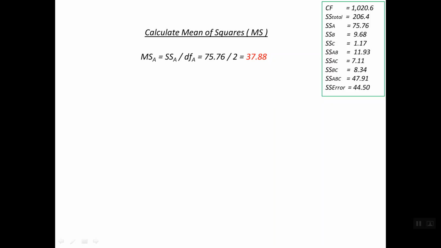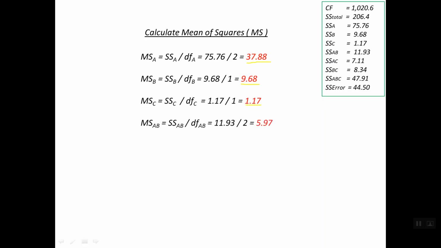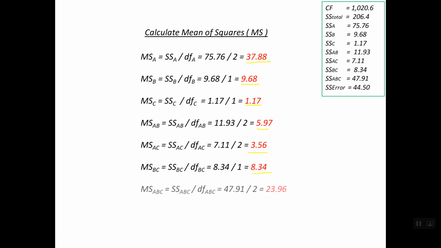For factor A, it is 37.88. For factor B, it is 9.68. For factor C, it is 1.17. For the interaction between factor A and B, it is 5.97. Between A and C, it's 3.56. For B and C, it's 8.34.